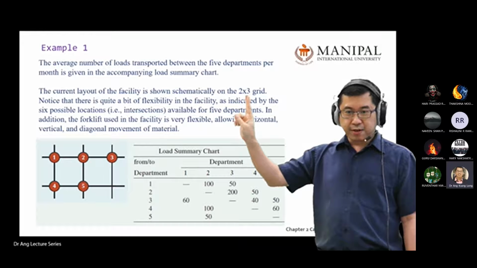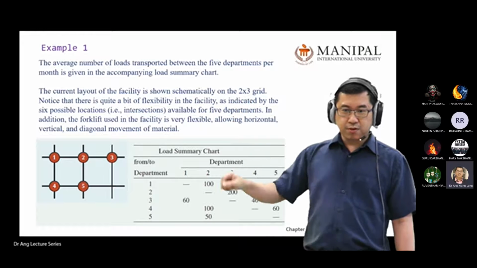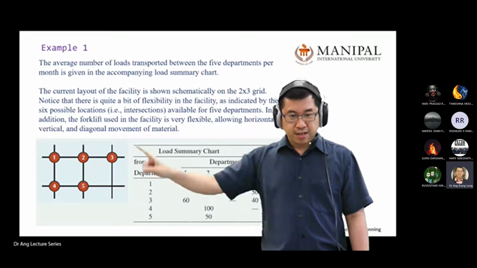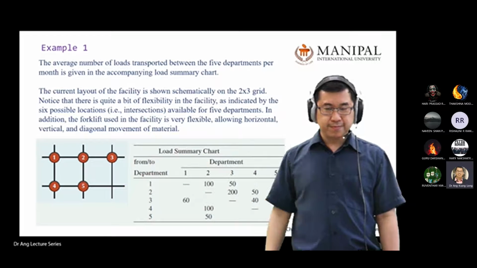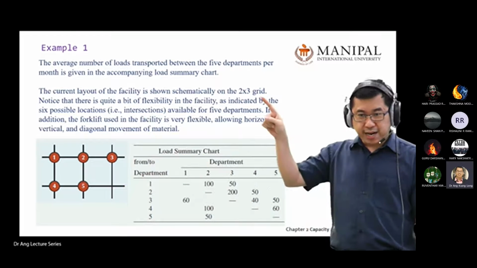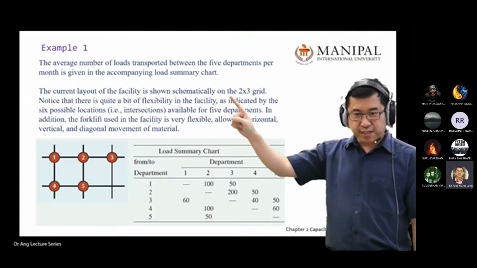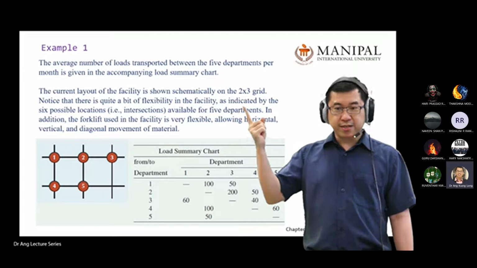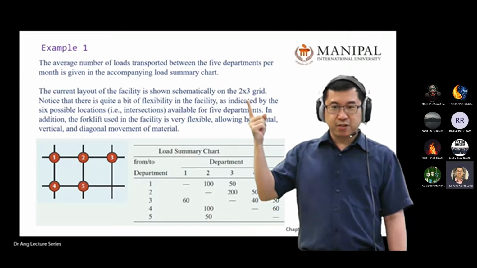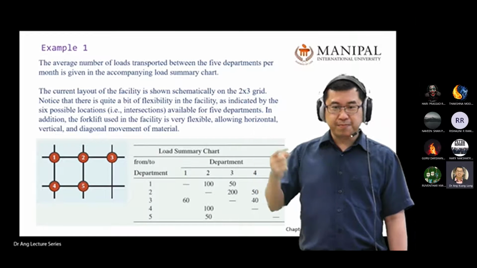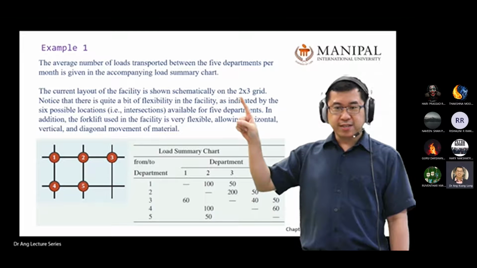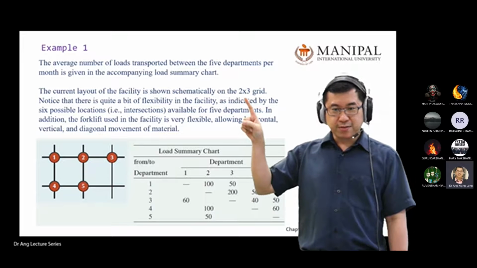If I flip this number, 3 times 2 means I have 3 rows, 2 columns. Any question about grid? It's like a matrix, with row and column. Everyone good about this one?